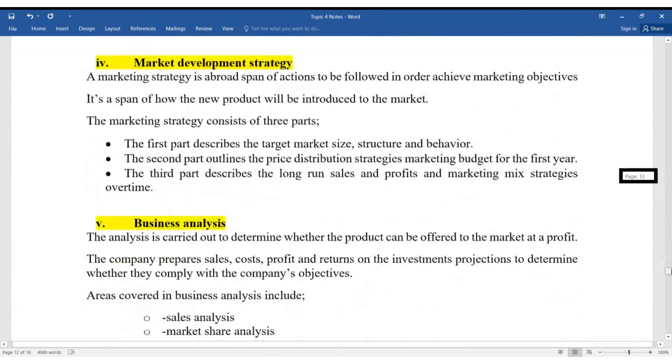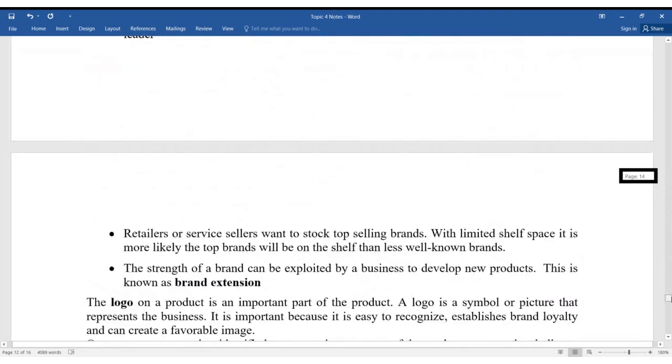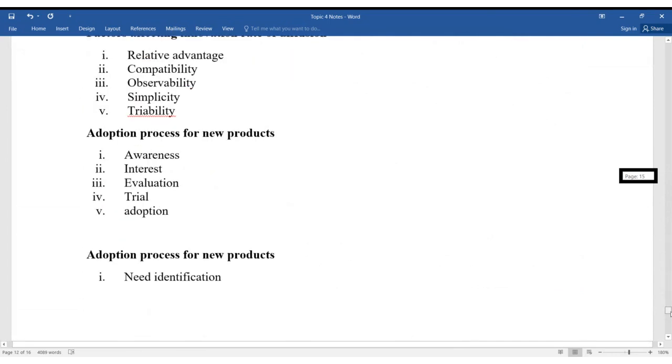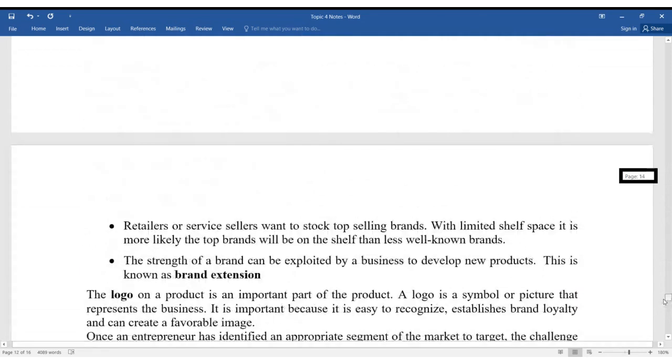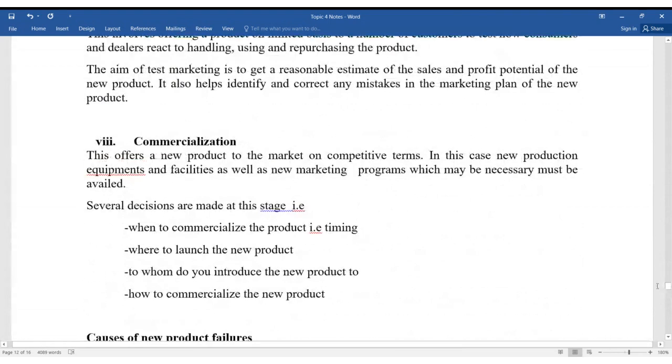New product development. I want you to also read through it. Read through new product development, the key stages that are necessary. On the portal, I'll open a quiz, and I will upload questions that relate to this particular topic.